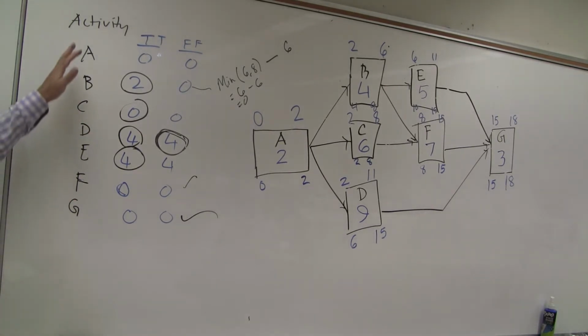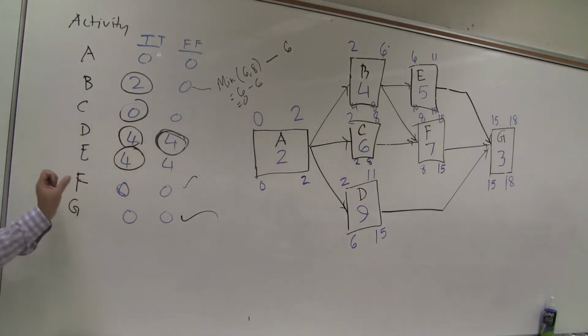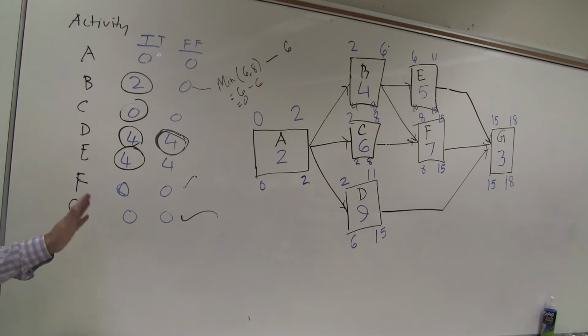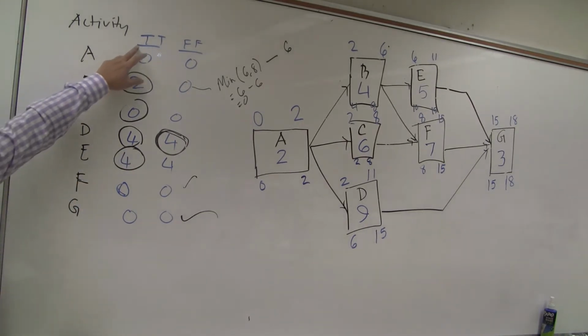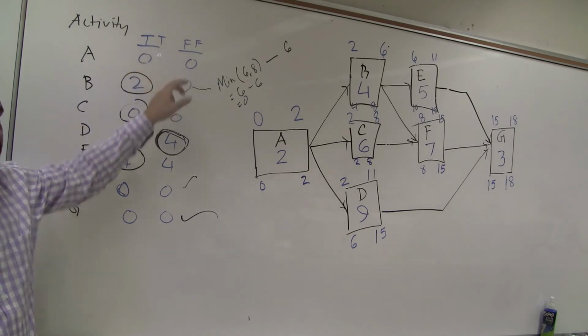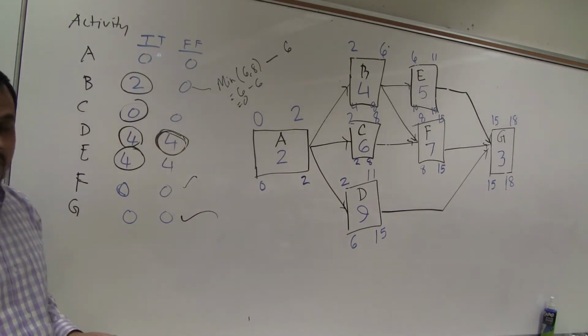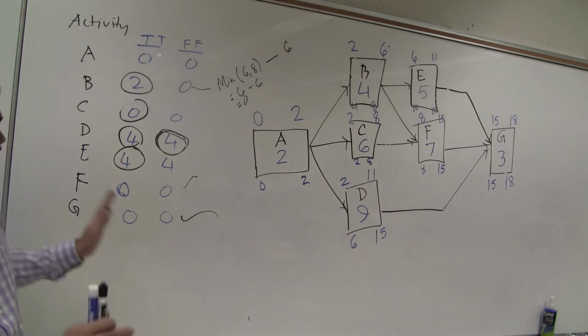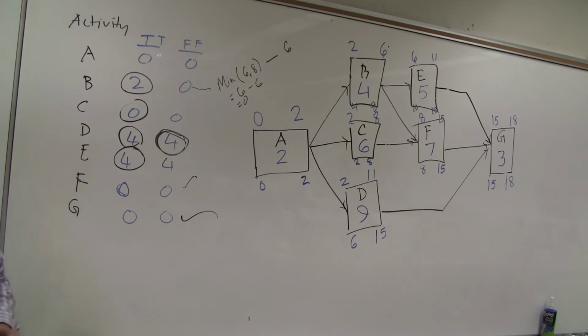Similar: activity, duration, preceding activity. Draw the diagram, calculate the forward pass, backward pass, total float, free float, and critical path. If you practice, you should be fine. Whatever I did, do not see the solution, just see this and practice.